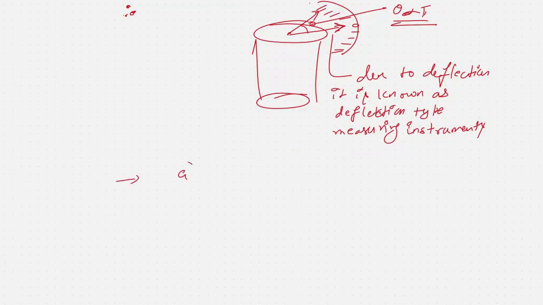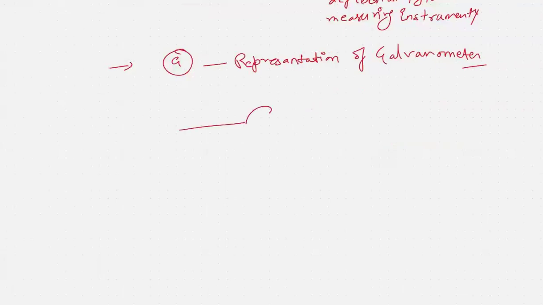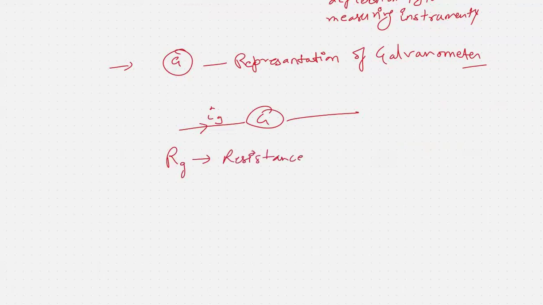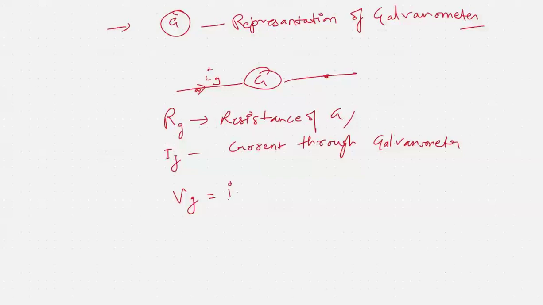Whenever you're solving a problem, you don't have to draw the galvanometer as a coil. This G is the representation of a galvanometer. In a simple note, this is your G, this is the current I_G, and R_G is the resistance of the galvanometer. I_G is the current through the galvanometer. If I ask you what is the voltage V_G across it, you will simply call it I_G times R_G.